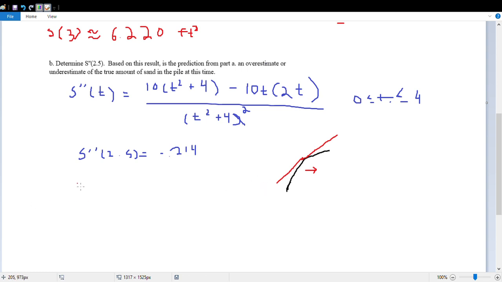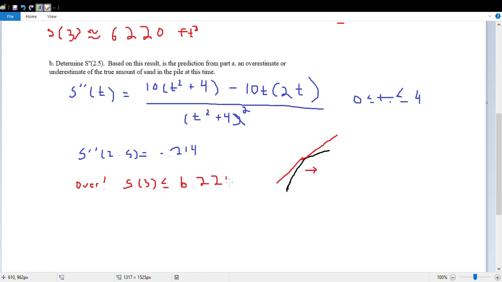So we know that we overestimated our value of S of 3. Or in other words, we could say that S of 3 is less than or equal to the value we got earlier.